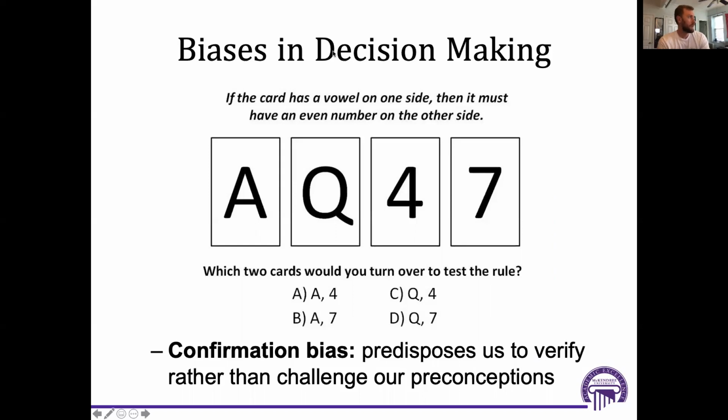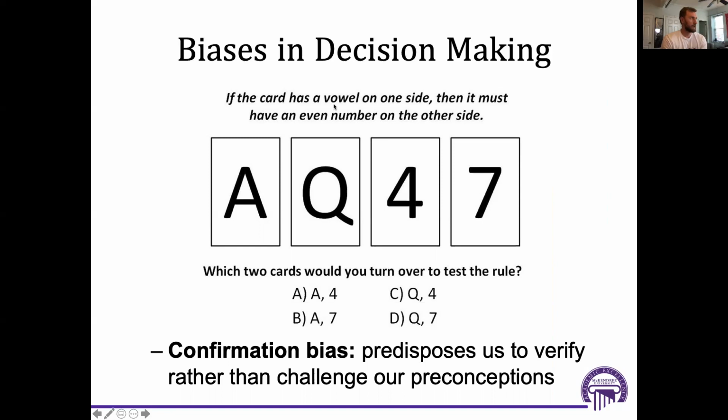There is a rule. If the card has a vowel on one side, then it must have an even number on the other side. So how would you test this? If you can only turn over 2 cards, which cards would you turn over to test this rule?